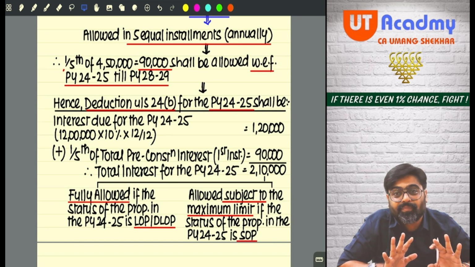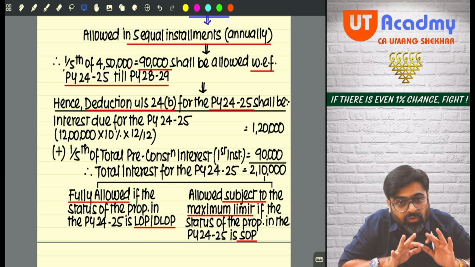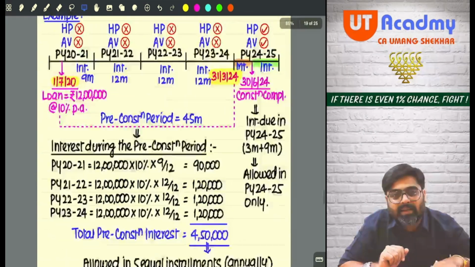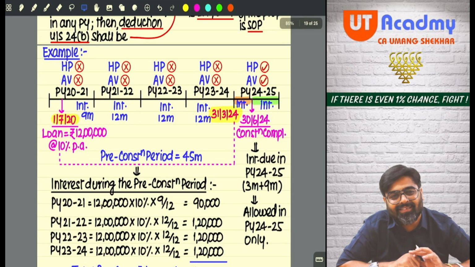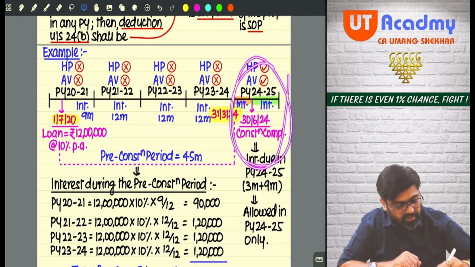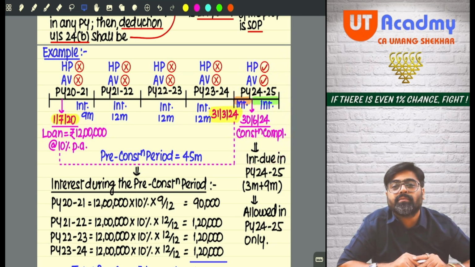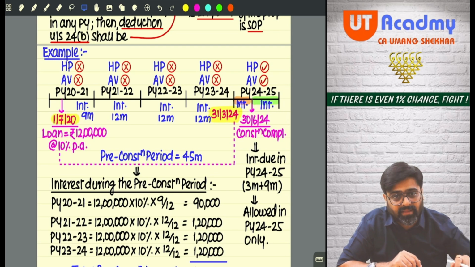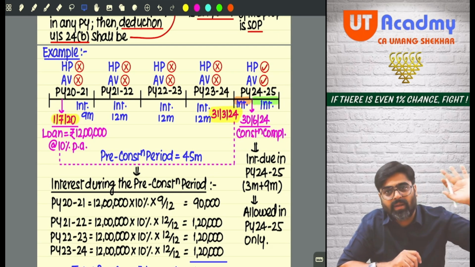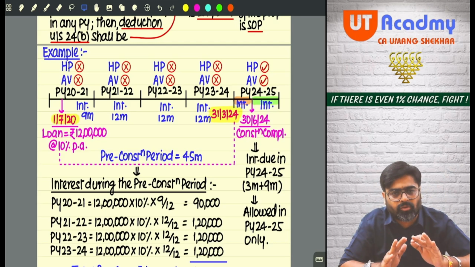Will you remember? Now, in this concept, what difficulty they can put, they will tell you repayments. That 1 lakh 20 is repaid in this year, for example, 31st December. Entire 12 lakh rupees loan was there, no?